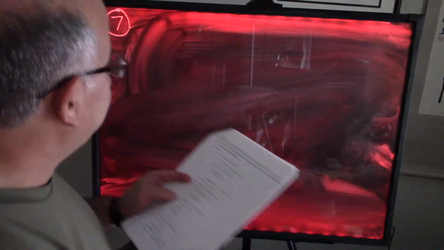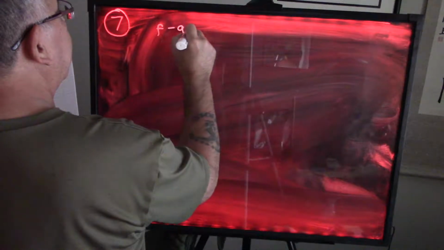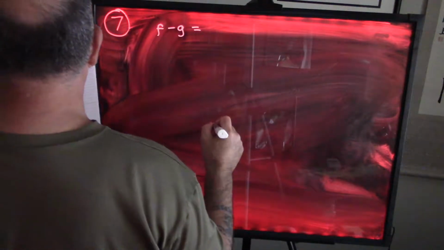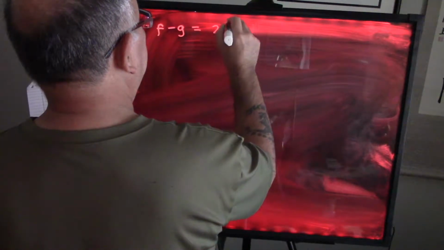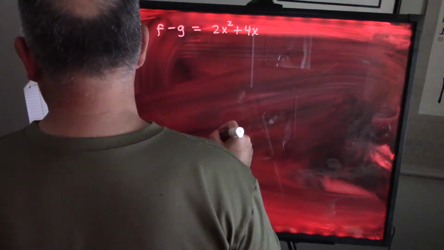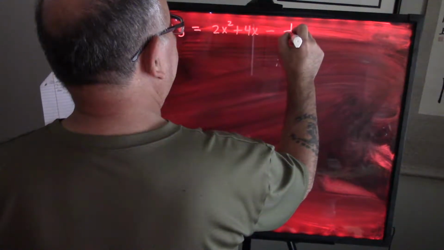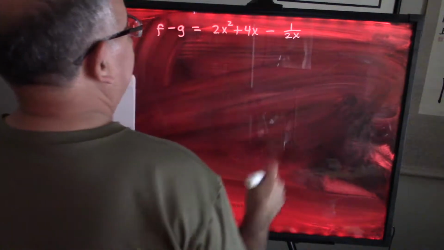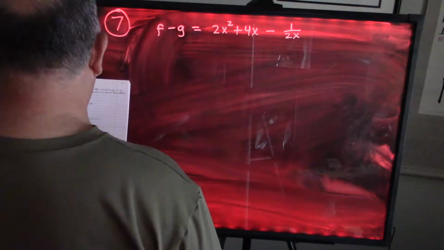All right, next we have f minus g. So again, f of x is 2x squared plus 4x. And then g of x is 1 over 2x, so it's going to be minus 1 over 2x. This is almost like f plus g, all right? Again, we get common denominators.